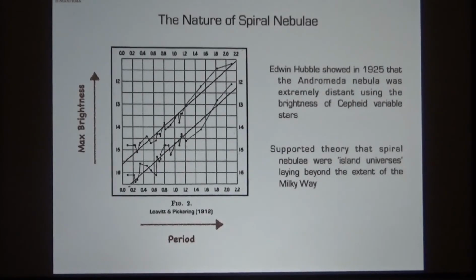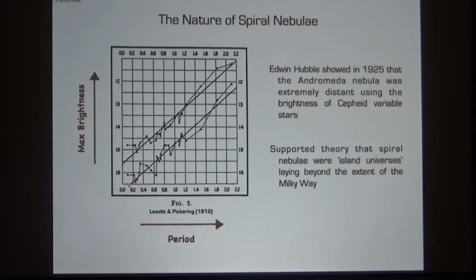Now, if you know the intrinsic brightness of something, you can work out how far away it is. This is just a simple relation of what we call an inverse square law. Light fades to the square of the distance of the observer away from the object.